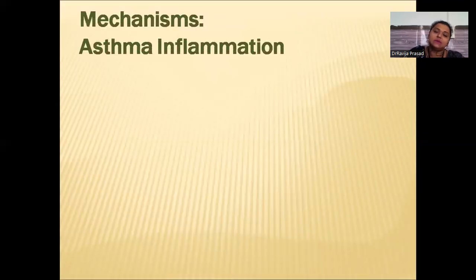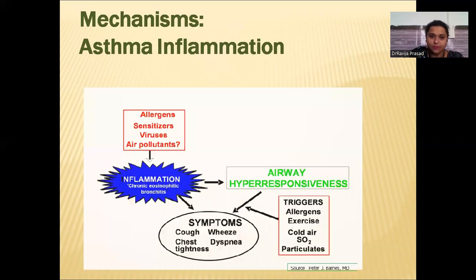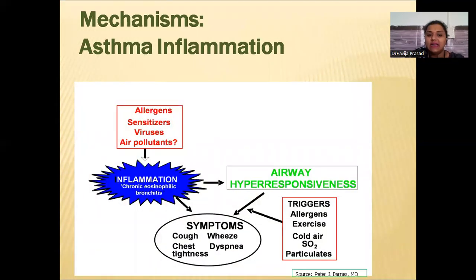Now, what is the mechanism in asthma inflammation? Allergens, sensitizers, viruses, and air pollutants are the basic things which can lead to asthma inflammation. They lead to chronic inflammation, eosinophilic bronchitis, which leads to two things: airway hyperresponsiveness, and second, the symptoms, that is cough, chest tightness, wheeze, and dyspnea.